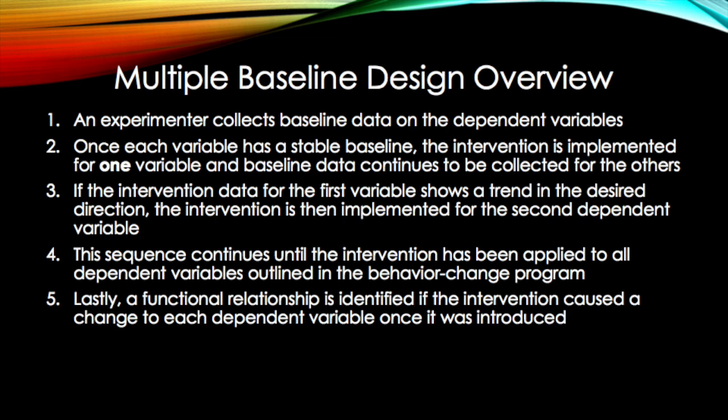If the intervention data for the first variable shows a trend in the desired direction, the intervention is then implemented for the second variable. This experimental sequence continues until the intervention has been applied to all dependent variables outlined in the behavior change program. A functional relationship is identified if the baseline data remains consistent until the intervention is implemented and causes a trend shift for each variable.